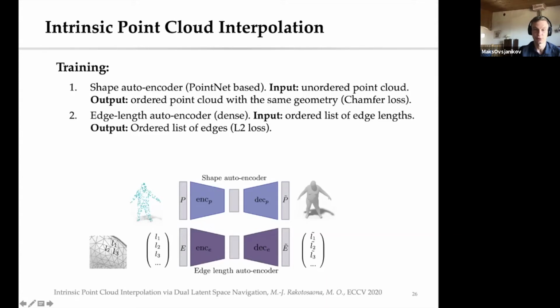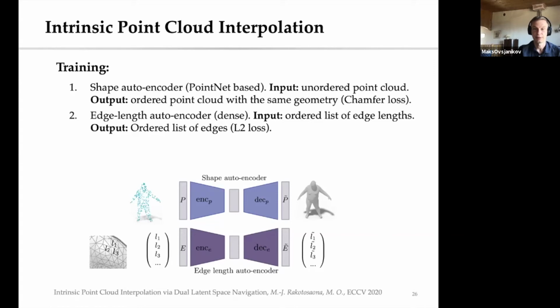At training time, we assume that the shapes have some fixed connectivity, and we take the list of edges and assign some order to them. Then we pass them through this autoencoder network and try to reconstruct the same edge lengths back, okay? And we have a fixed, small-dimensional latent space for these edge lengths. So you can think of this network as a kind of dimensionality reduction network.